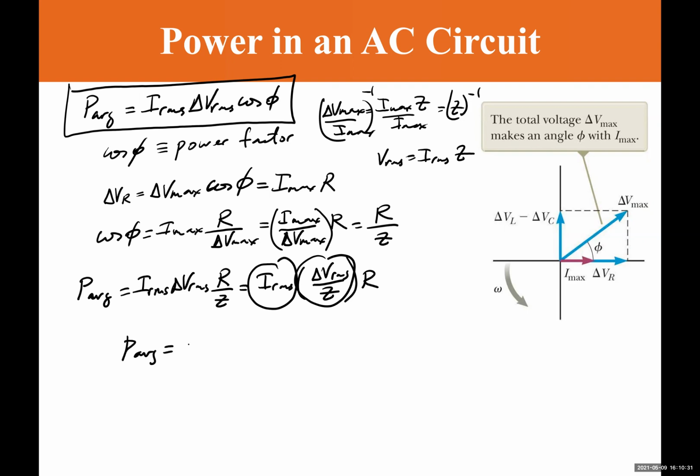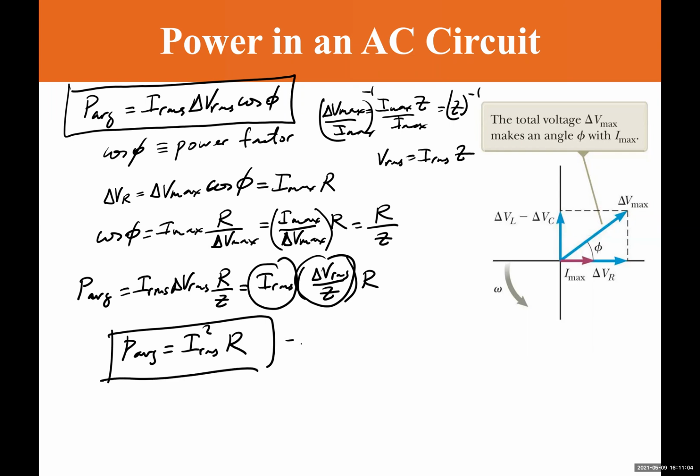Then the average power is equal to IRMS squared times the resistance. Okay, that's basically in terms of finding the average power. So you can use this as an equation to calculate average power.